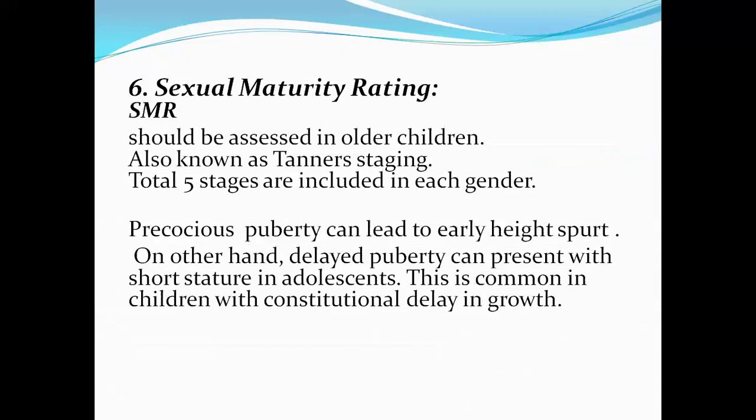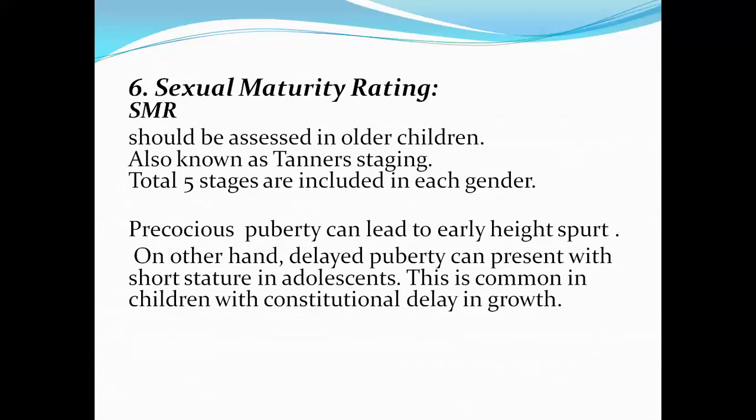Sexual maturity rating: when we are dealing with a baby who is more than 10 to 12 years old, then we need to stage the baby according to SMR. It is also known as Tanner staging. Total 5 stages are included in each gender. This is important because precocious puberty can lead to early height spurt.